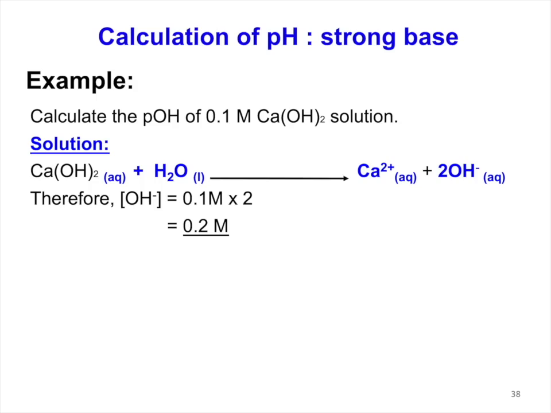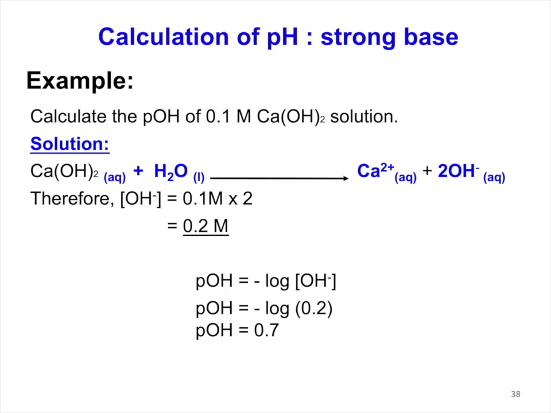So in order to calculate the pH, since this is a base, it produces OH- ion, so we need to calculate the pOH first. The formula to calculate the pOH is equal to negative log concentration of OH- ion. And it is the same thing for a strong base.